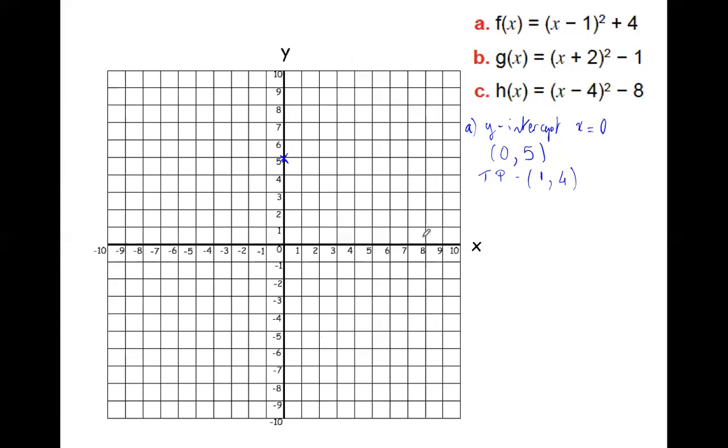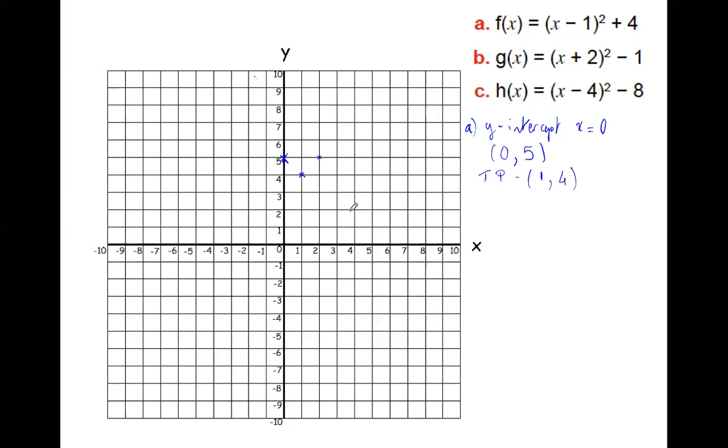And (1, 4), x equals 1, that we said was my turning point. Because I know I've got a line of symmetry at the turning point, there's another point here. So if you were to sketch this, you would just go, this is how it goes.